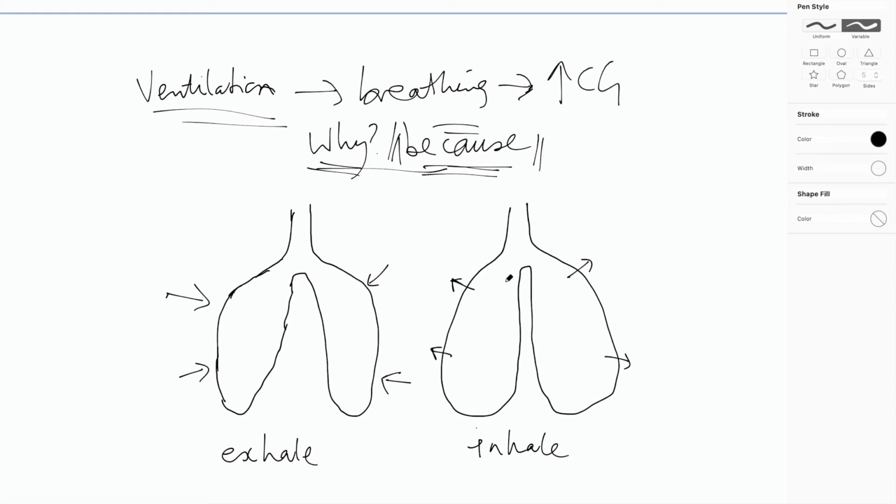Okay, but what does this all achieve? In an exhale, you're reducing the thorax volume. Because you're reducing the volume, you're increasing pressure. It's like squashing a balloon, right?